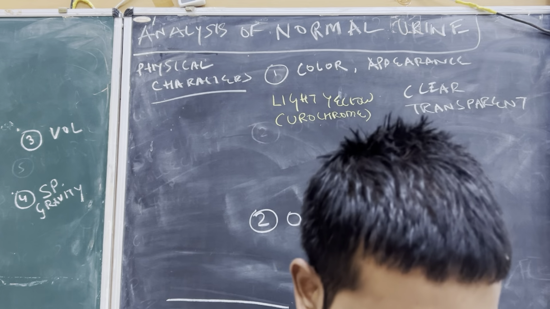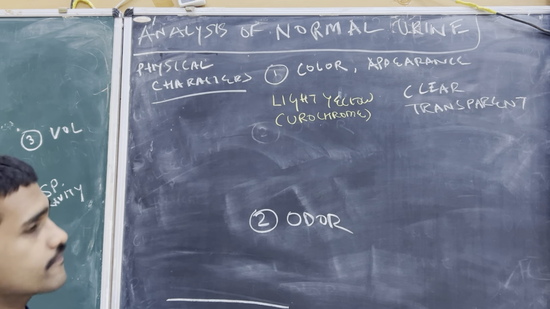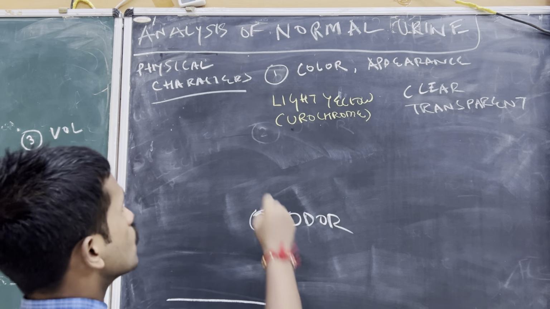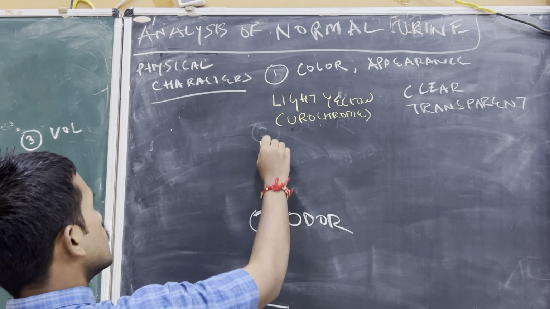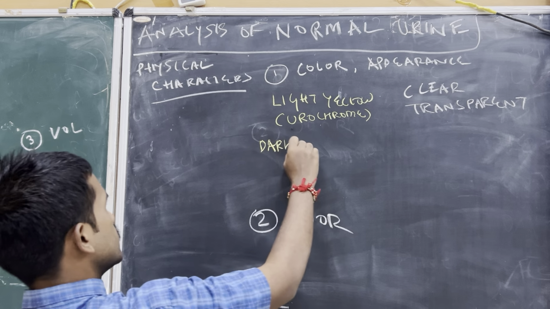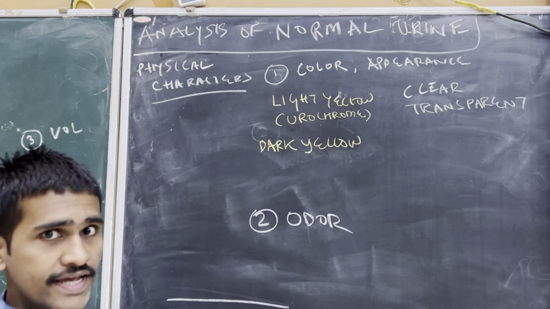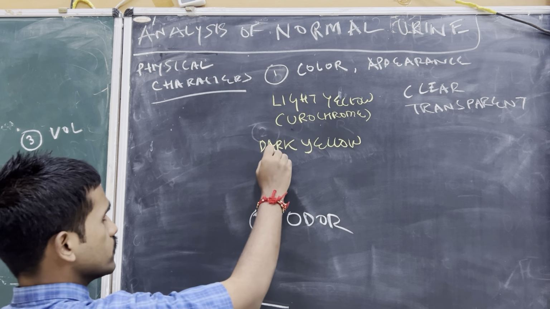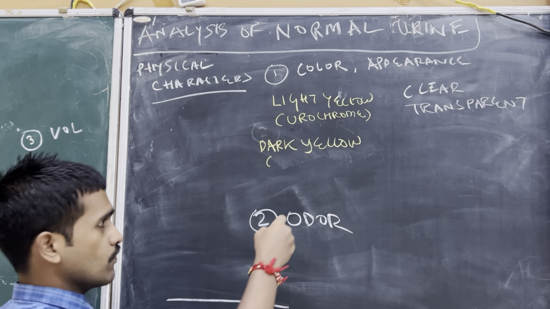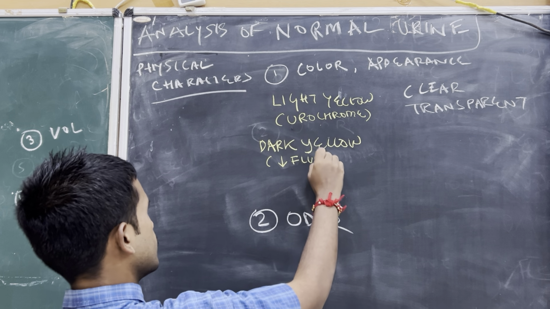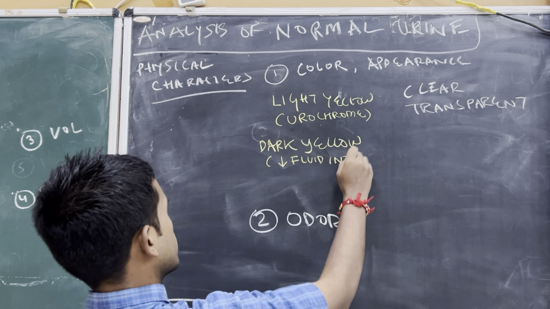So now what kind of alterations would you have? The color might become deep yellow, dark yellow, if your urine is very concentrated, that is if you're not taking enough water, if you have reduced fluid intake.